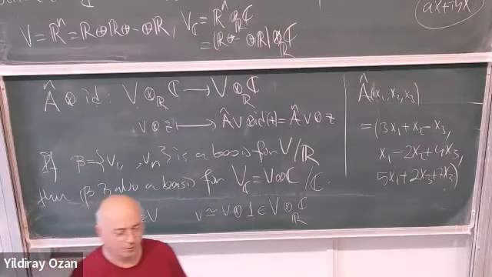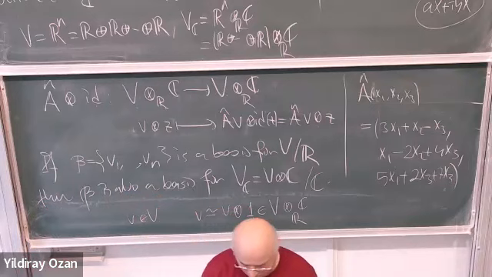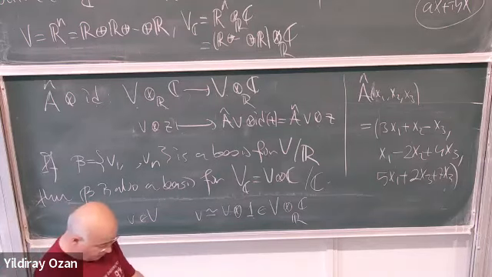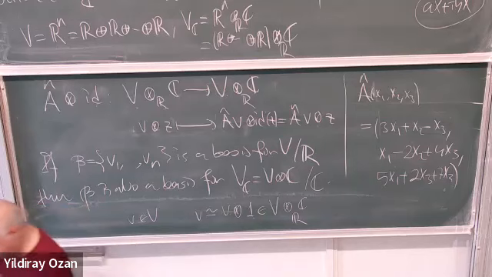Oradaki bütün ilginç şeyler Hermitian operatörler, başka bir şey yok. Peki biz nasıl kullanacağız onları? Şimdi bir tane proposition var.